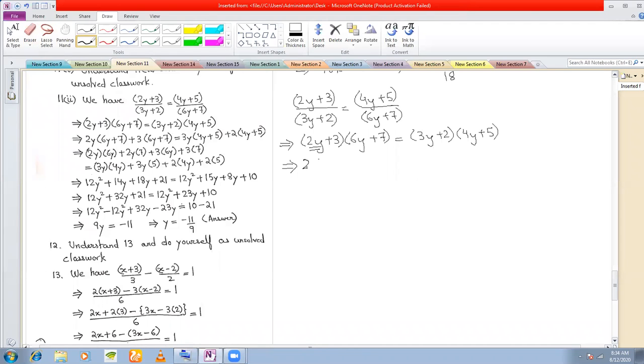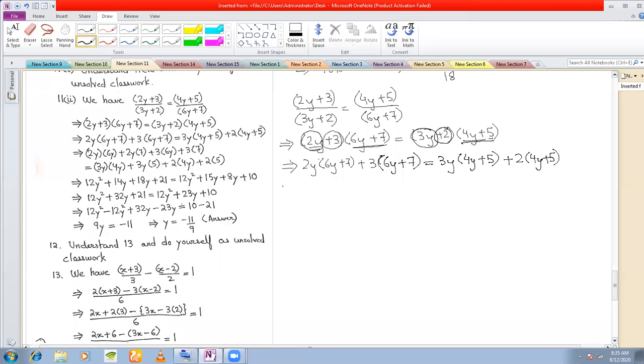The other method is 2y into 6y plus 7, that is, you are multiplying this 2y with 6y plus 7, and then this plus 3 you are multiplying with this 6y plus 7. This is the other way of multiplying. So again same here, 3y is being multiplied with 4y plus 5, and plus 2 is being multiplied again with 4y plus 5.